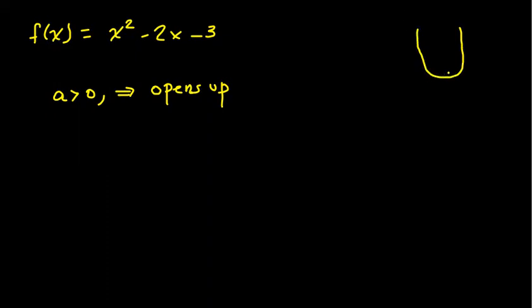It means that this value right here, at this point, which is called the vertex, is a minimum value. All the other values will be greater. If it's here, it's greater because it's higher. So this is a minimum value. So it opens up and we have a minimum value.